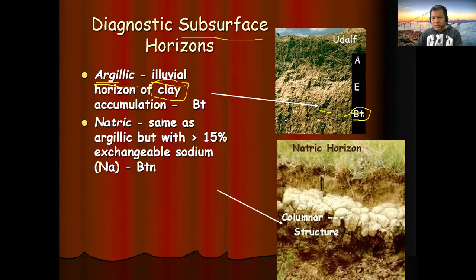Whenever we see a Bt notation in the horizon, it talks about the accumulation of clay in the subsurface horizon. Okay, so another one, we have the natric subsurface horizon. So natric, this is the same as argillic. There's a clay accumulation in here, but with more than 15% exchangeable sodium.